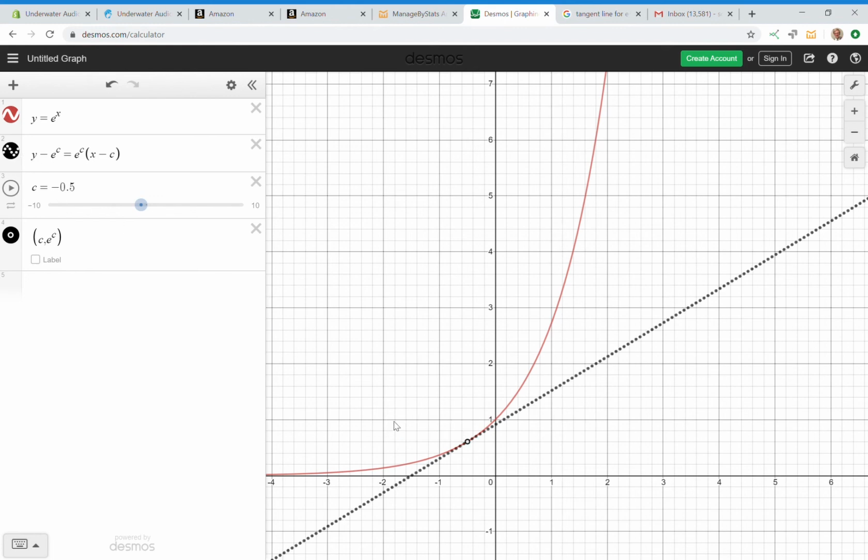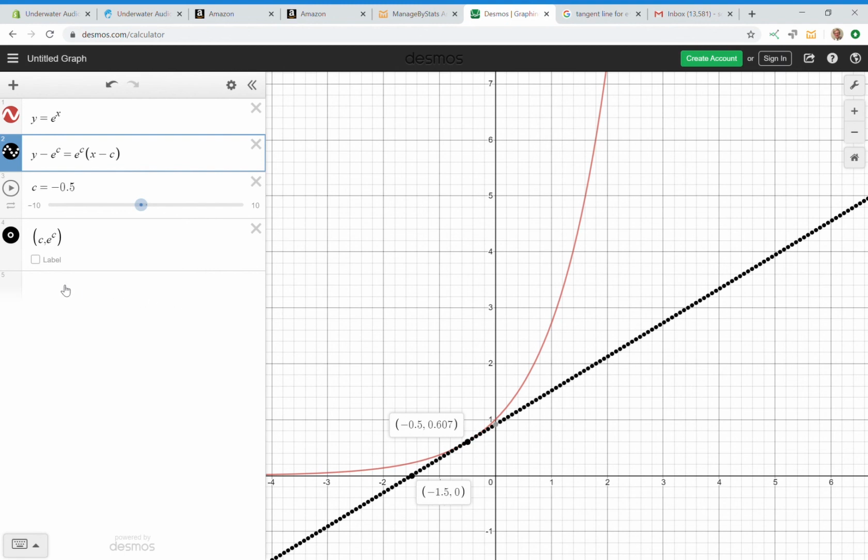I've got this slope here, and let's just pick this point here because it's an x-intercept, and this point here. To figure out the slope of the line between those 2 points, I would do the y values, 0.607 minus 0, which is just 0.607. And then I would subtract the x values, negative 0.5 minus negative 1.5.